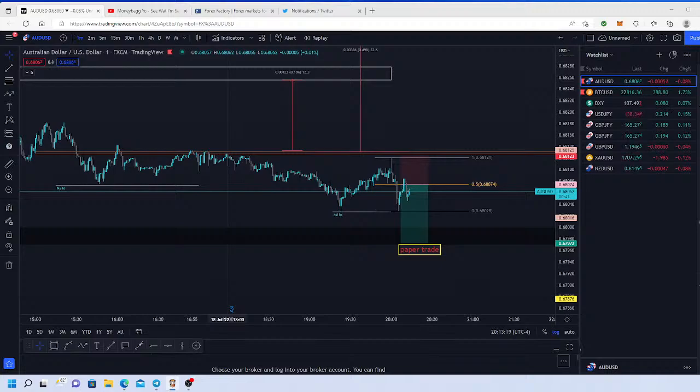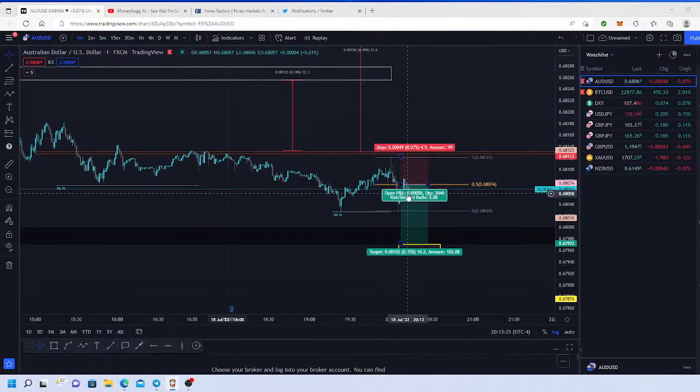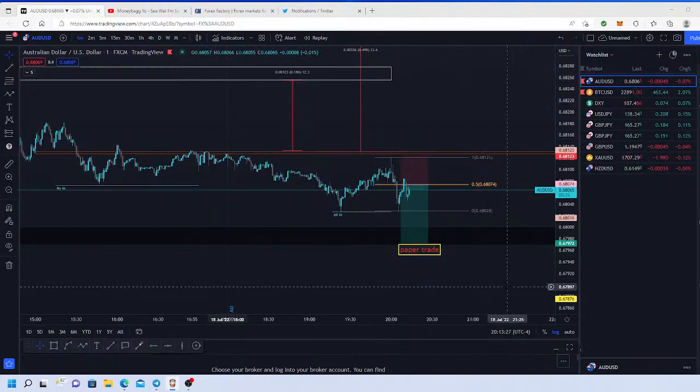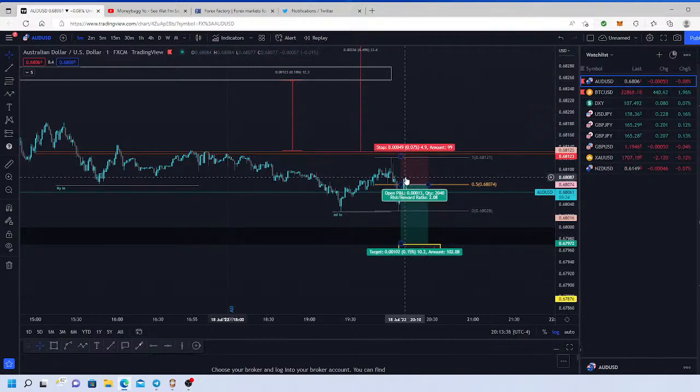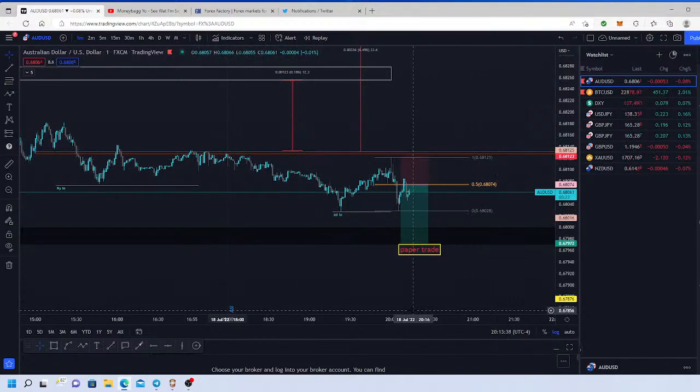Oh, in there. In there one more time. And then if we close big bullish, I'm in there again. Start breaking highs, in there again.